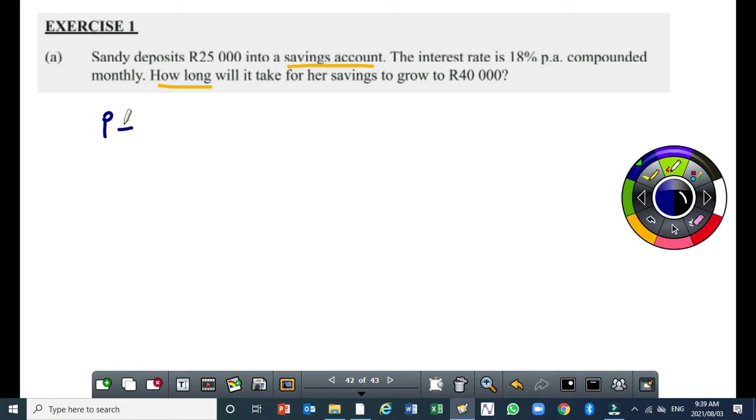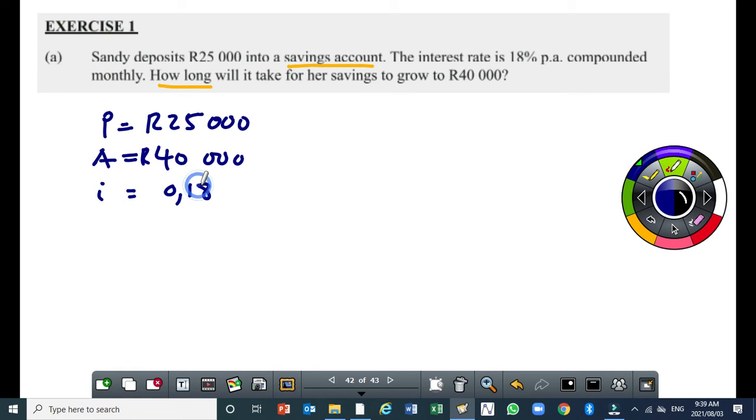Right, so let's list what we have. First, our P is 25,000 rand and our A is 40,000 rand. Then the interest is 0.18, divided by 12 because the interest is 18% compounded monthly. Our n, we don't know.